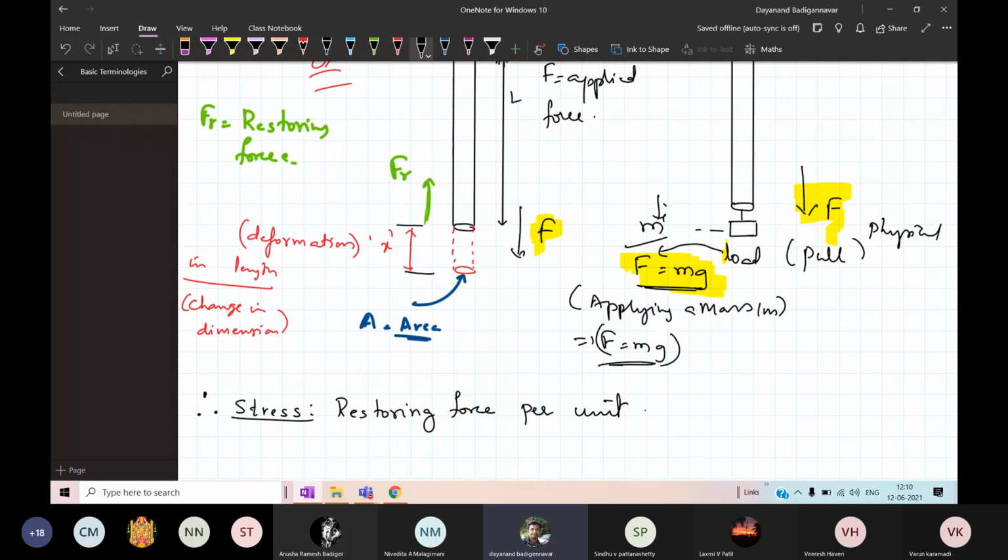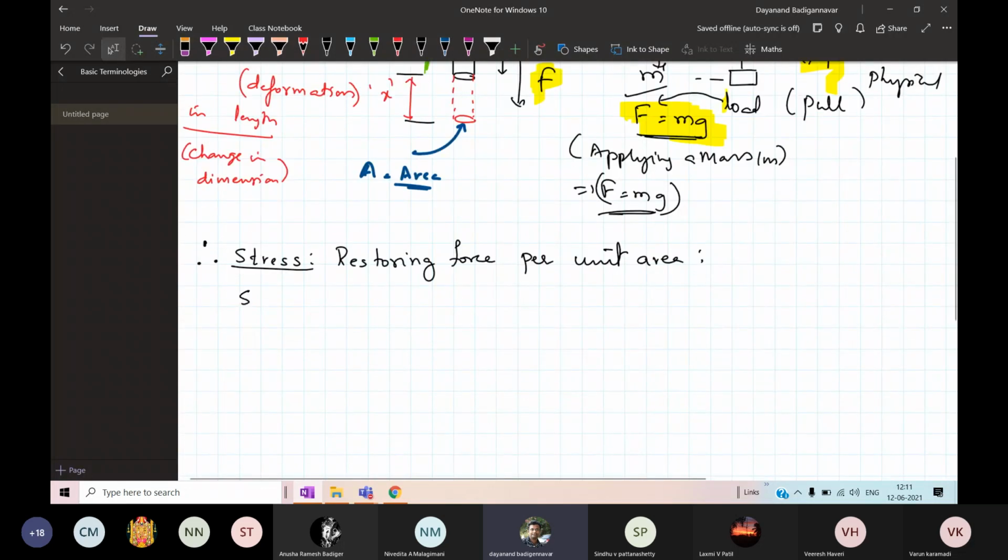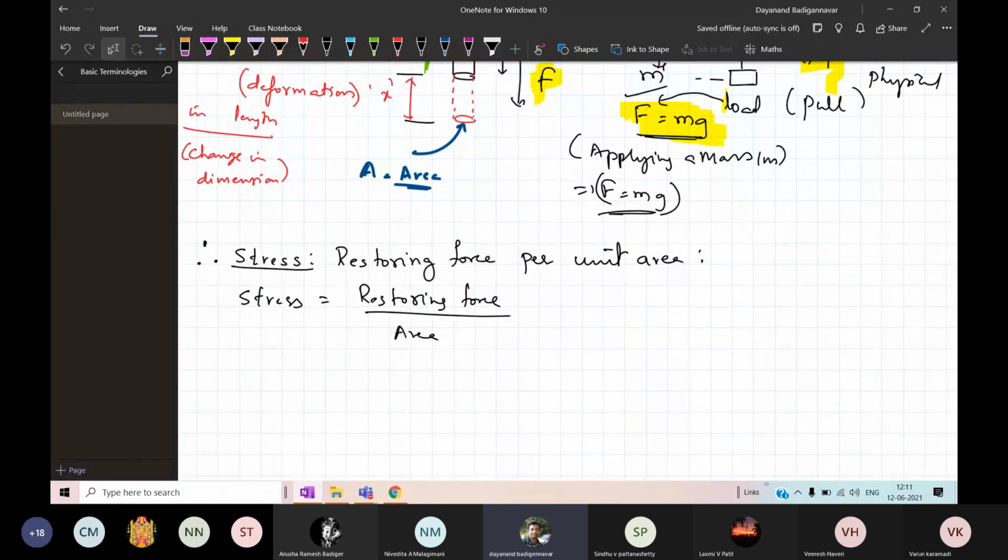This restoring force per unit area is known as the stress. So stress is equal to the restoring force divided by the area. Which area? This is the cross-sectional area.